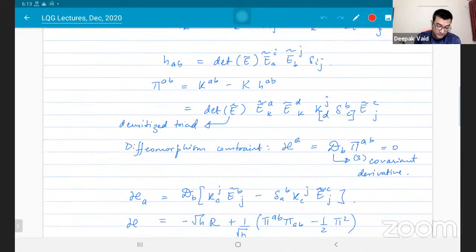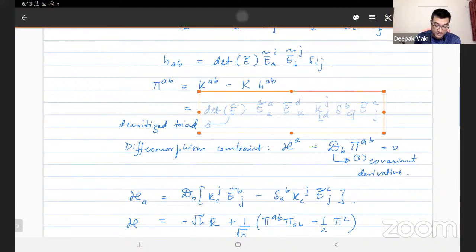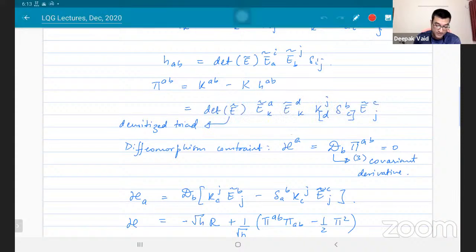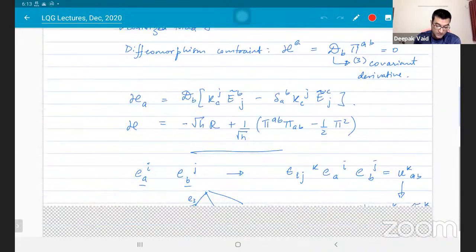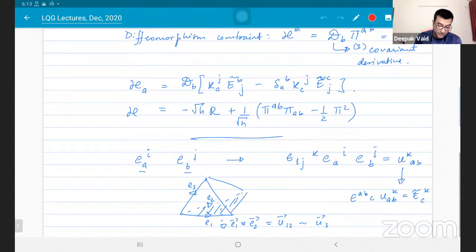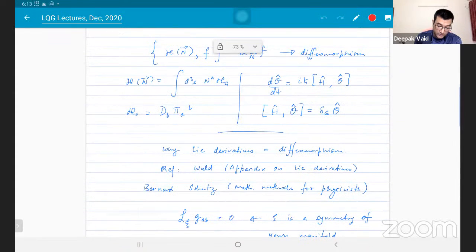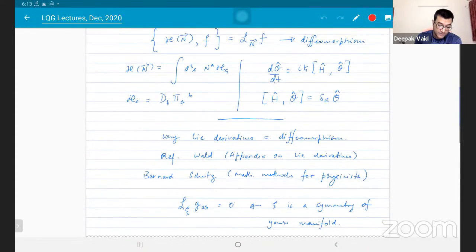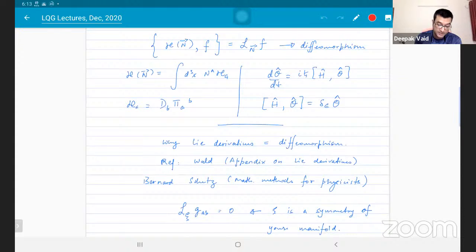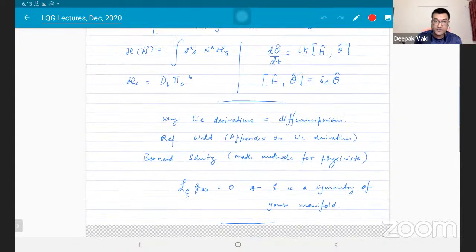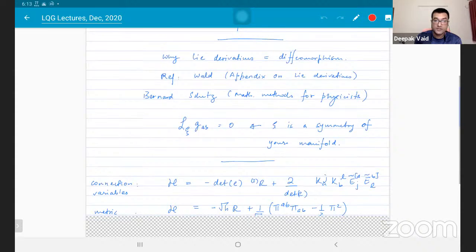When you translate it, you get a certain expression which involves both the triad and the extrinsic curvature. And then you can write down the diffeomorphism constraint and the Hamiltonian constraint. Then I talked about the action of these constraints and the fact that they generate diffeomorphisms as we expect.